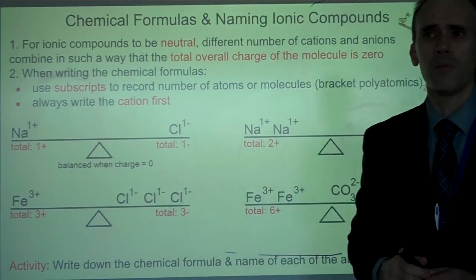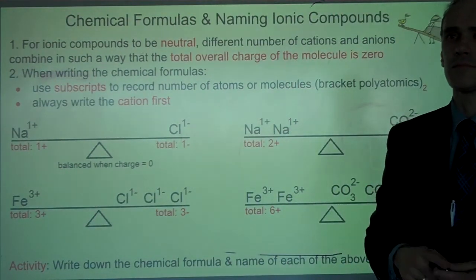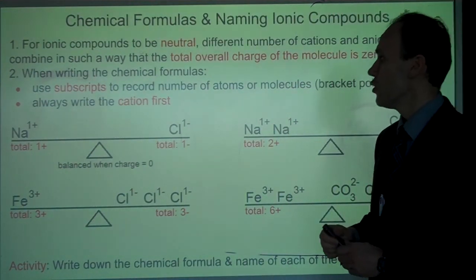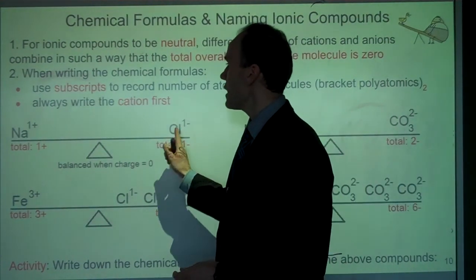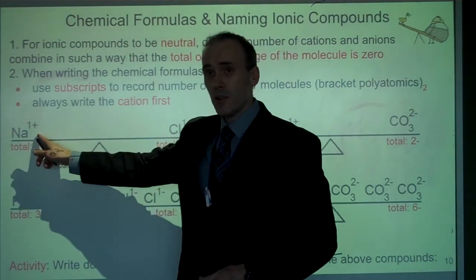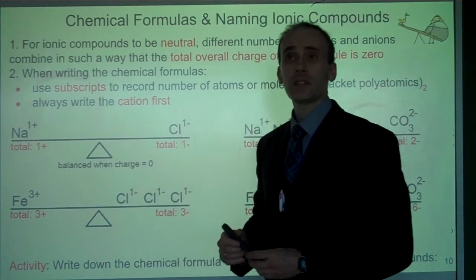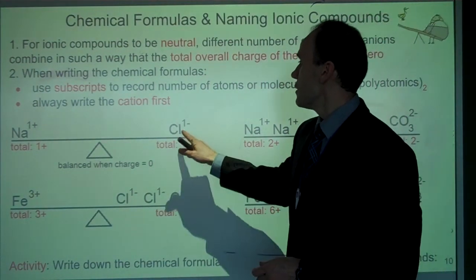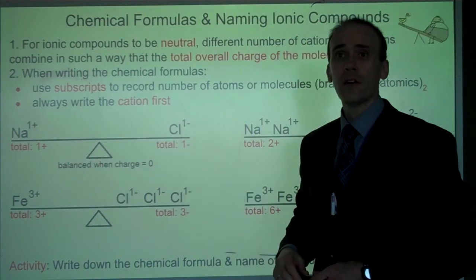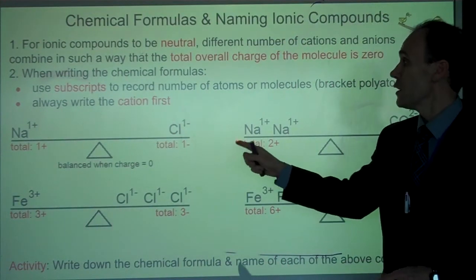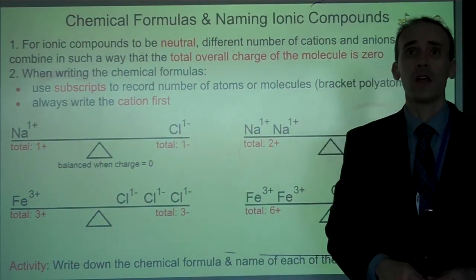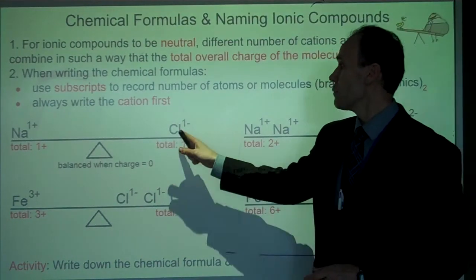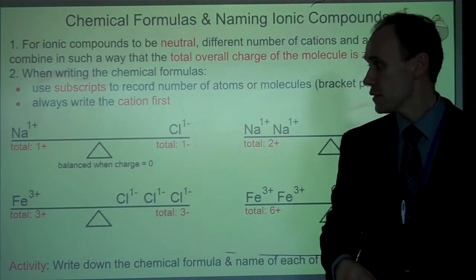And what's the name of that compound? Sodium chloride. And where does that name come from? The metal, the first part, is always just the name, sodium, whatever it might be. And the negative anion, if it's a single atom, will have an "ide" ending. So chlorine becomes chloride.